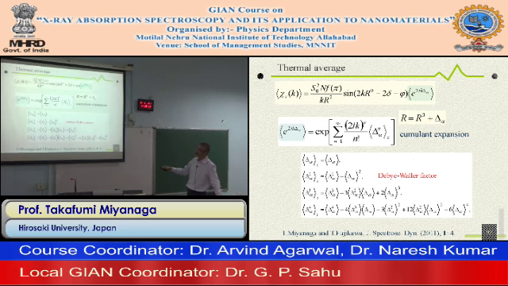This is the usual Debye-Waller factor. In this case, the other part is neglected. The anharmonic part includes this part and this part. So in the harmonic approximation, we use only these terms, and for the anharmonic analysis, we should take into account this part or this part.